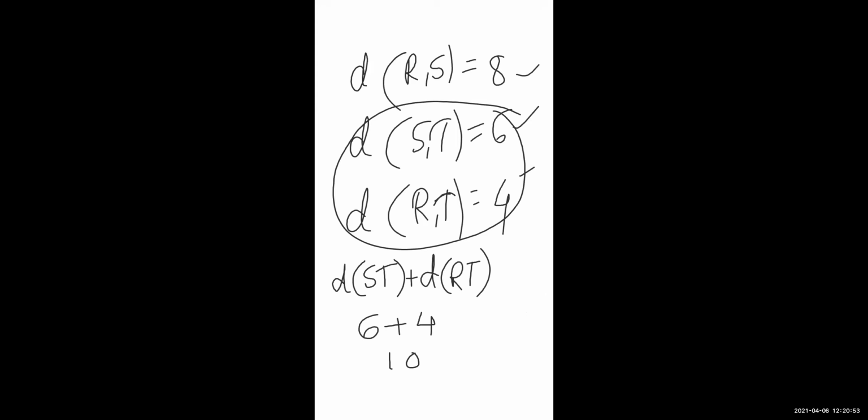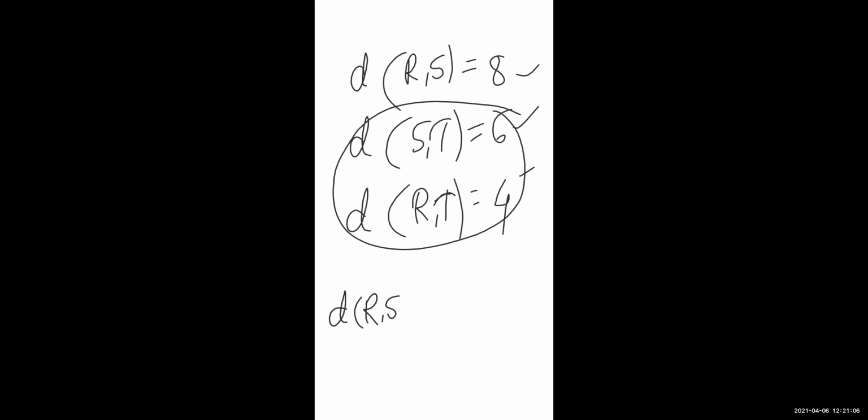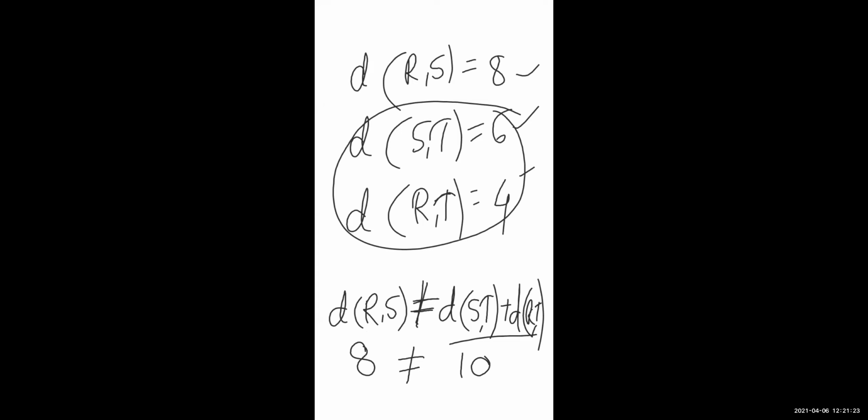No. So how can we write it down? The addition of two smaller distances, ST and RT, is not equal to the greater distance, because it is given as 8 and we found the addition is 10. So they are not equal. So does betweenness exist here or not?